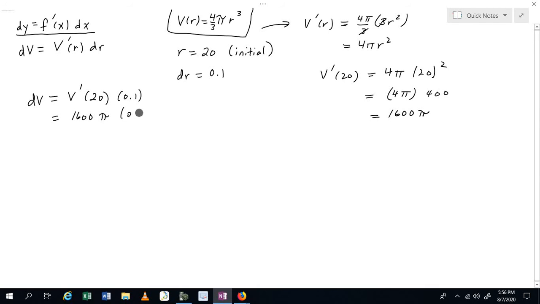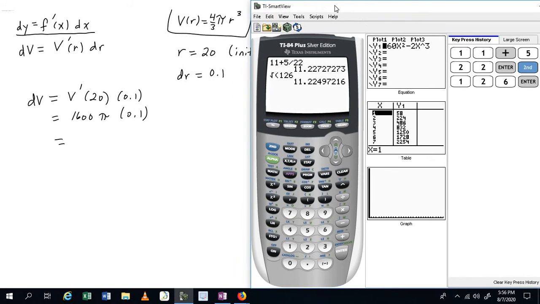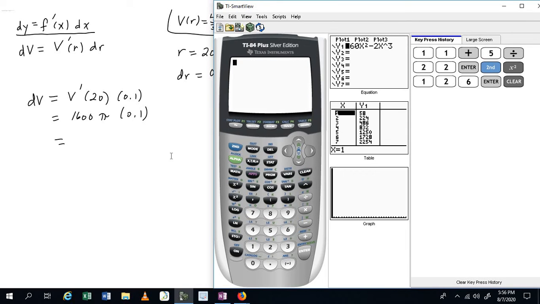And then you multiply that by 0.1. So I'm just going to calculate this on the calculator. So 1600 times pi, and pi is a second button. So you have to press this second button here, and then the pi is right there. So second pi, and then times 0.1.